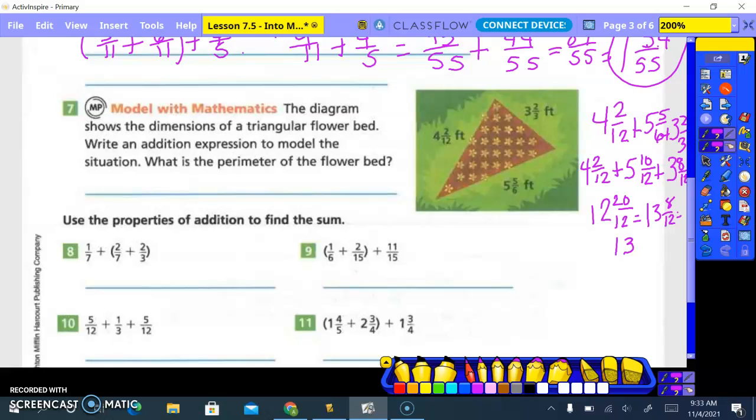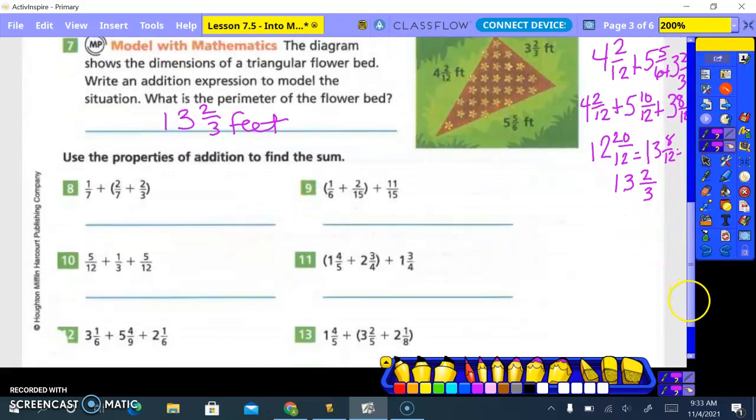What goes into both 8 and 12? 4, right? So 4 goes into 8 twice. 4 goes into 12 3 times. So 13 and 2/3 feet. And perimeter, you add all the sides together, right, guys?